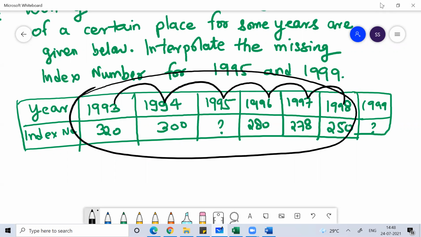Then within the source of data, you have this data from here to here. The question expects you to find one value within that. Finding a value within that range is called interpolation. Once you find that value, then you follow the logic of extrapolation to find the unknown value which is beyond this range.